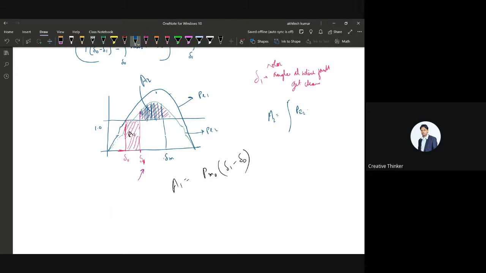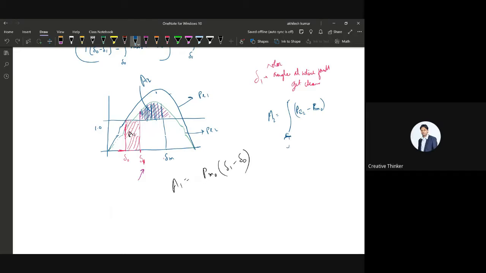So PE2 minus Pm naught, you have to integrate. This is A2. And the limits will be from delta one to delta M, not SM. Sorry, delta one to delta M.